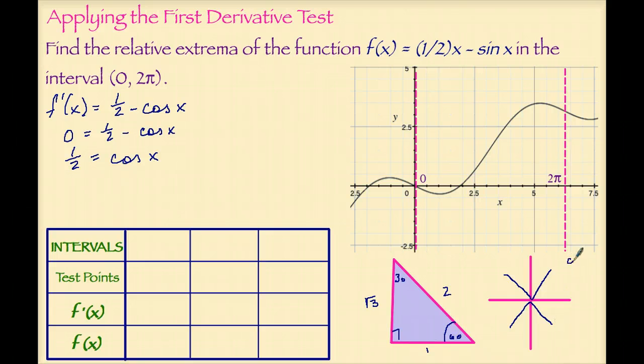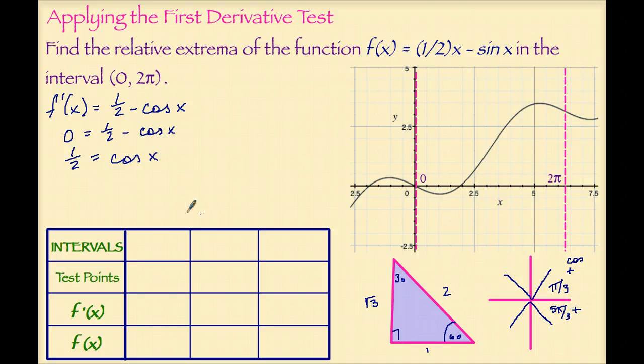It turns out that cosine is positive in the first and in the fourth quadrants, where the adjacent side is positive. So that is going to be pi over 3 in the first quadrant and 5 pi over 3 in the fourth quadrant.